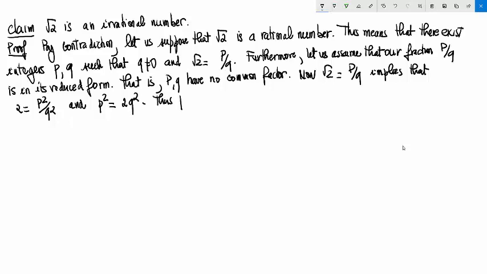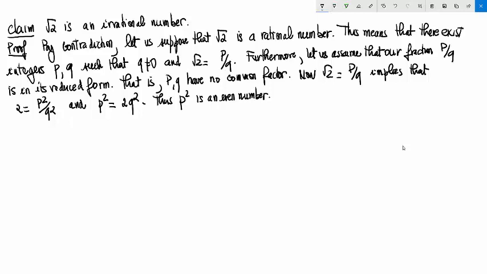Thus, p squared is an even number. I claim that this implies automatically that p must also be even.